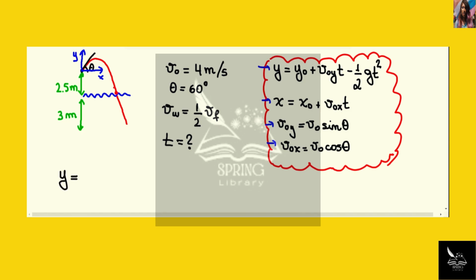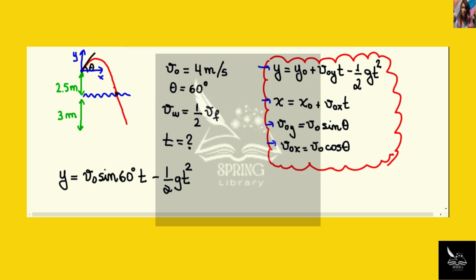And for that reason, y is equal to v0 sine of 60 times the time t minus 1/2 of g t squared. And we want to find the time when the rock reaches the water.